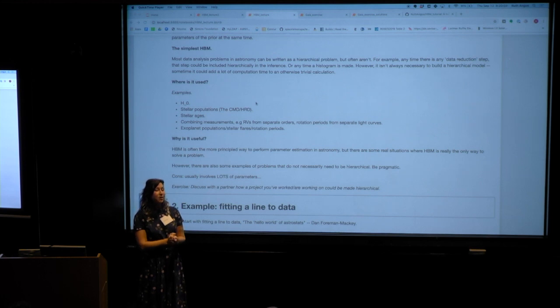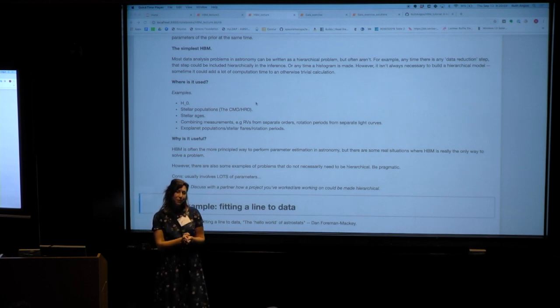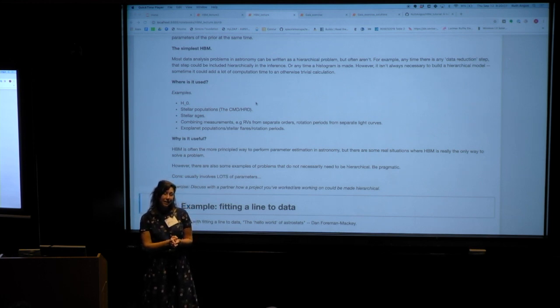It depends on how you set the problem up. If you say, I actually think that probably both of these measurements of H0 are wrong by some amount, that's kind of what the standard deviation parameter is doing for you. But if you believe there's some other inconsistency, like the error bars on the velocities are wrong, then you'd have to include that in your model if you wanted to infer that.